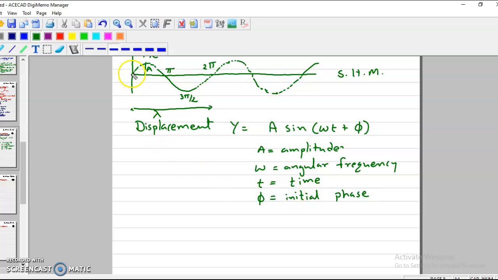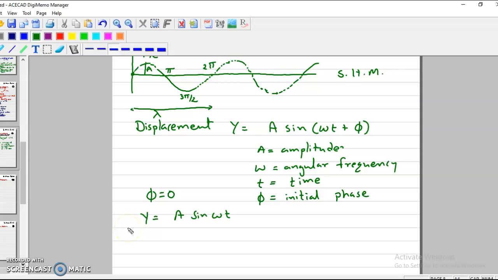That means when the particle is here, the initial phase will be 0. So here phi is equal to 0, and therefore we get this formula, y is equal to a sine omega t. Okay, and we can use this one.